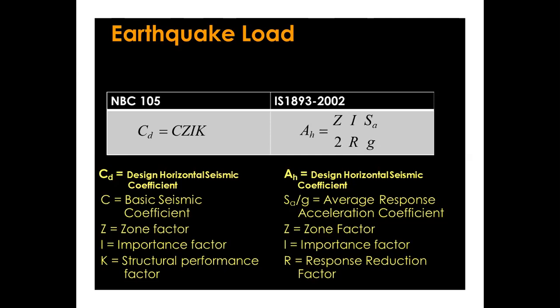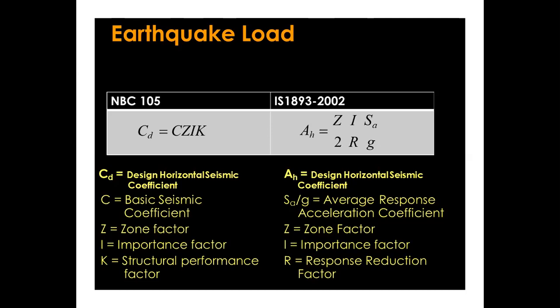You understand all these terms from the criteria below, right? On the other side, for NBC 105, Cd is equal to the design horizontal seismic coefficient, where C is the basic seismic coefficient, Z is the zone factor, I is the importance factor, and K is a structural performance factor.